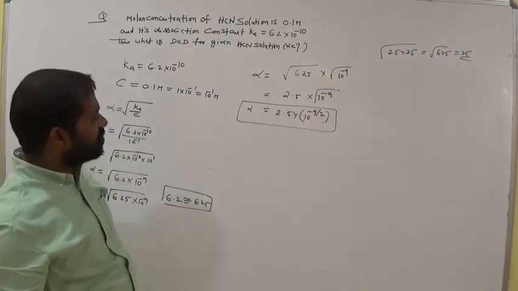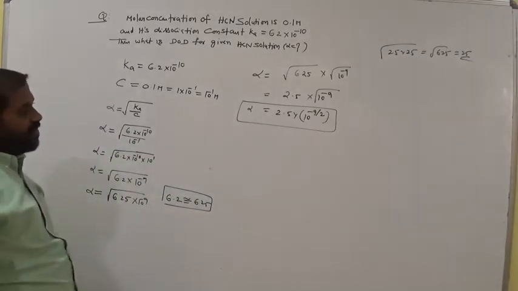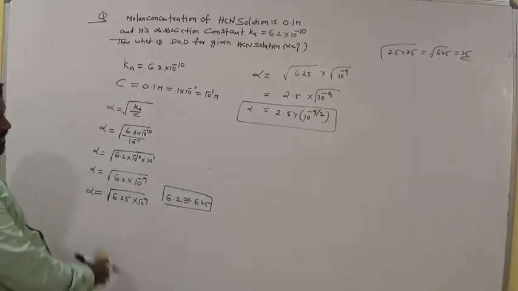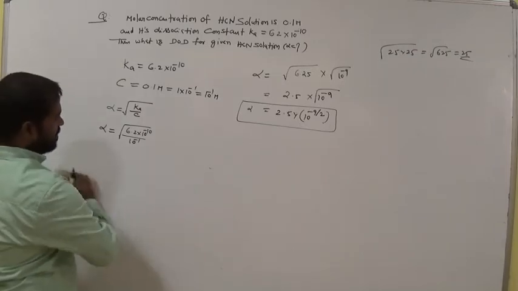So now alpha equals 2.5 into 10 power minus 9. Is it clear?